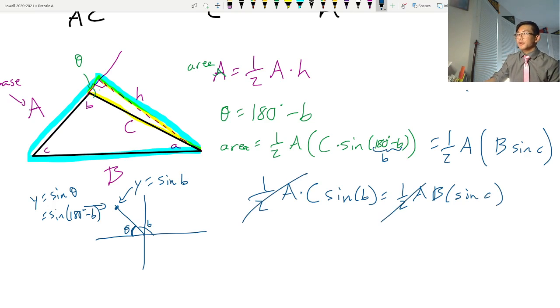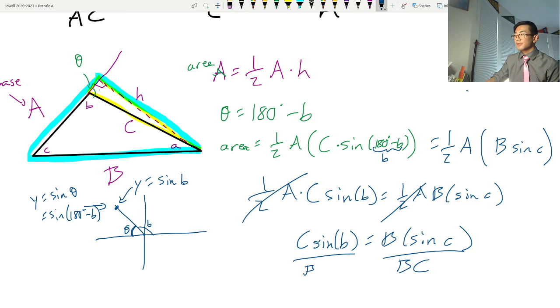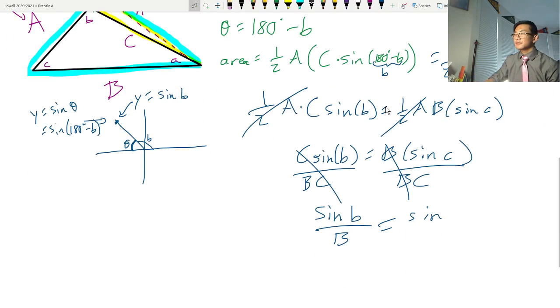We can divide both sides by 1/2 A. So we'll get C times sine of B is equal to B times sine of C. We'll divide both sides by B and C, and we'll see some stuff cancel. Left with sine of B over big B is equal to sine of C over big C.